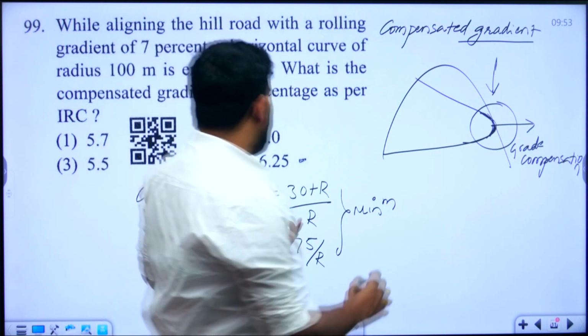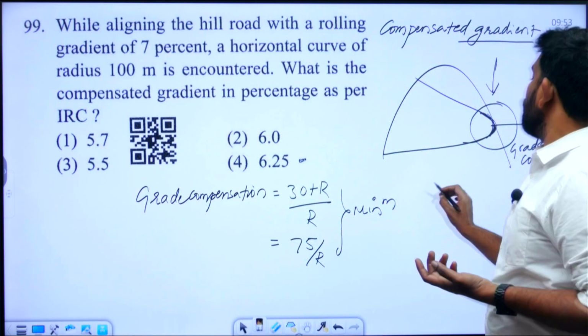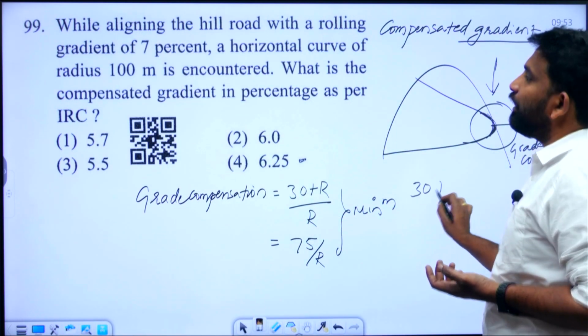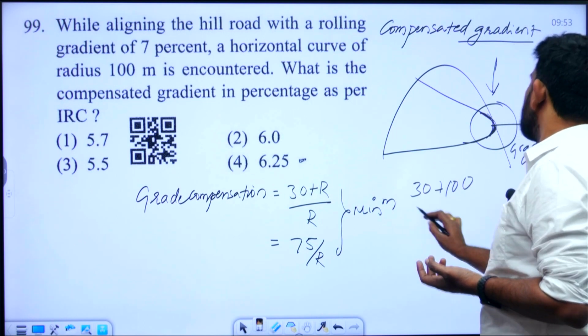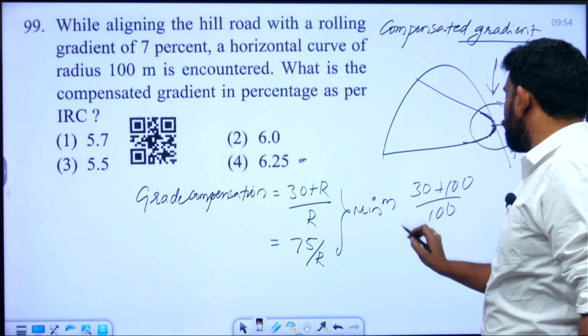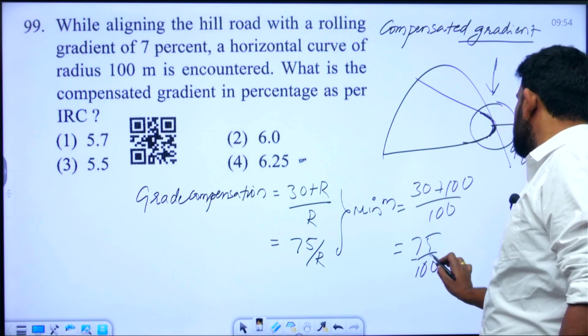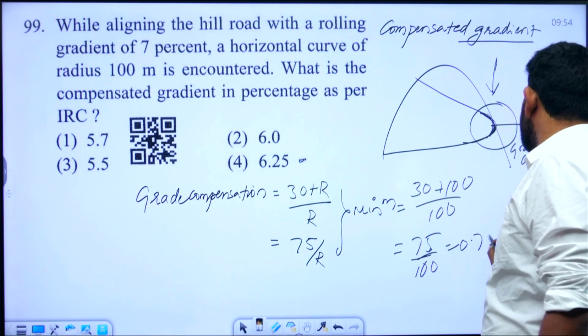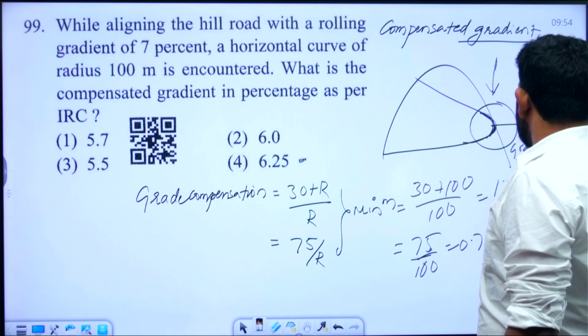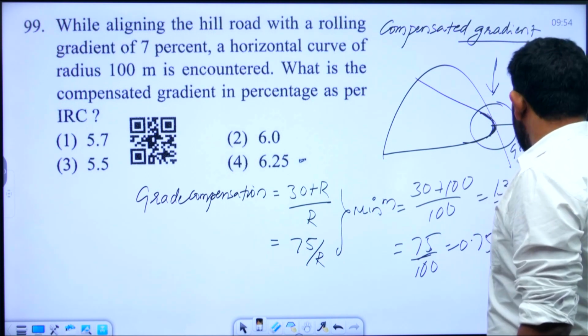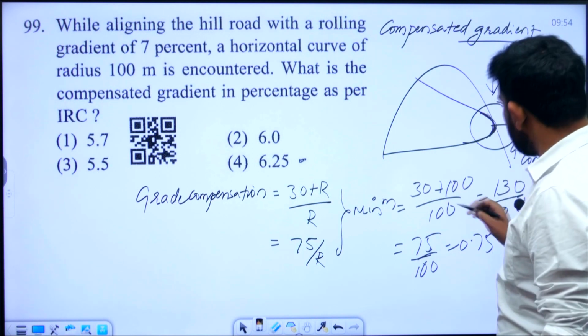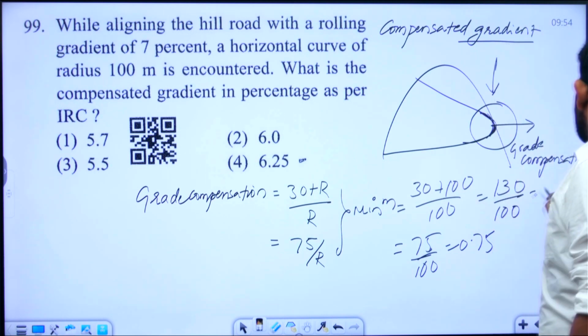So we need to use the radius here. 30 plus radius comes out to be 130 upon 100, the value comes out to be 1.3. At the same time, 75 by 100 comes out to be 0.75.